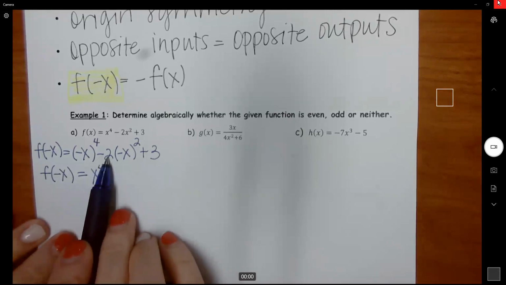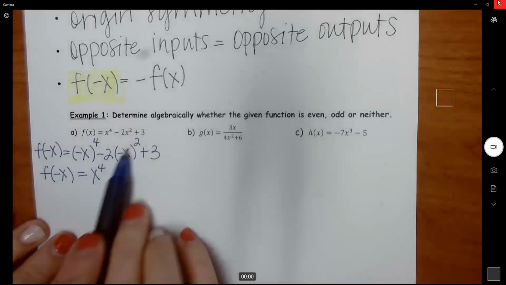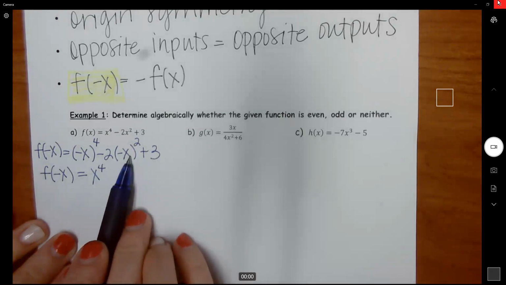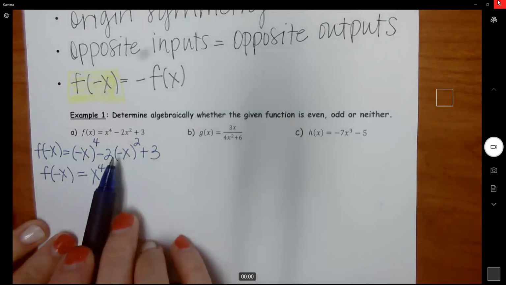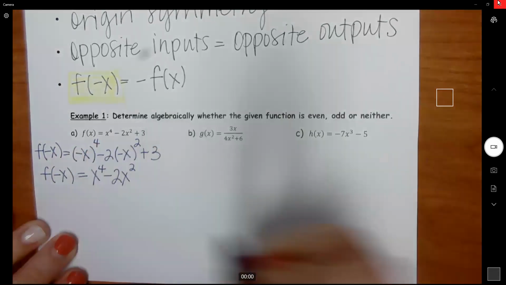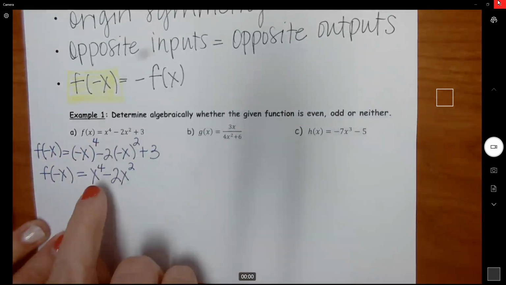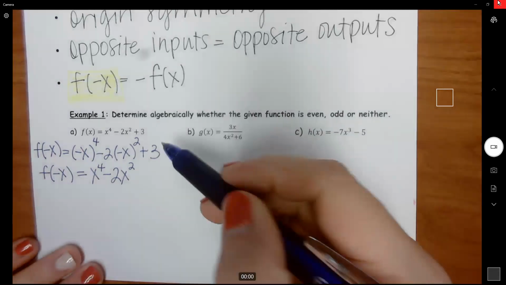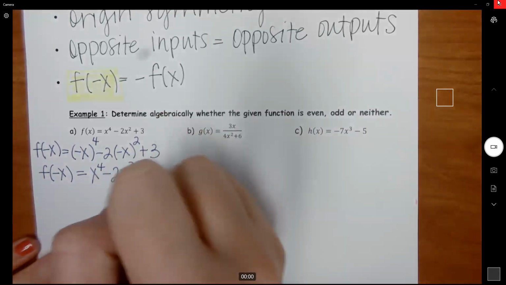Then I have -2 times negative x squared. Same thing here. If you have negative times negative, that's going to turn out positive. So positive times negative makes us a negative 2x squared. So basically, when I say we're simplifying, I'm simplifying the signs, right? What's positive, what's negative. And then nothing changes here, so I'm just going to bring down a plus 3.